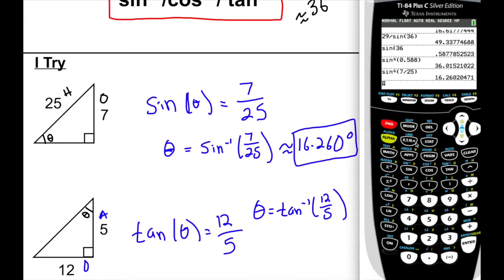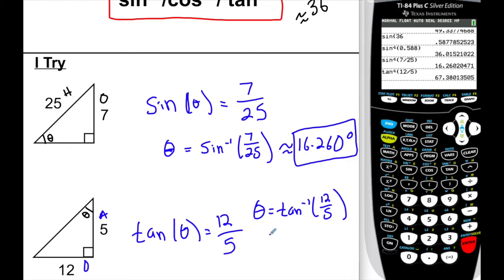If I know that the ratio of the opposite to the adjacent is 12 over 5, then the angle that corresponds to that ratio is about 67.380 degrees. Please make sure you understood how I did that, because in a moment I am going to speed up and do this a little bit faster.